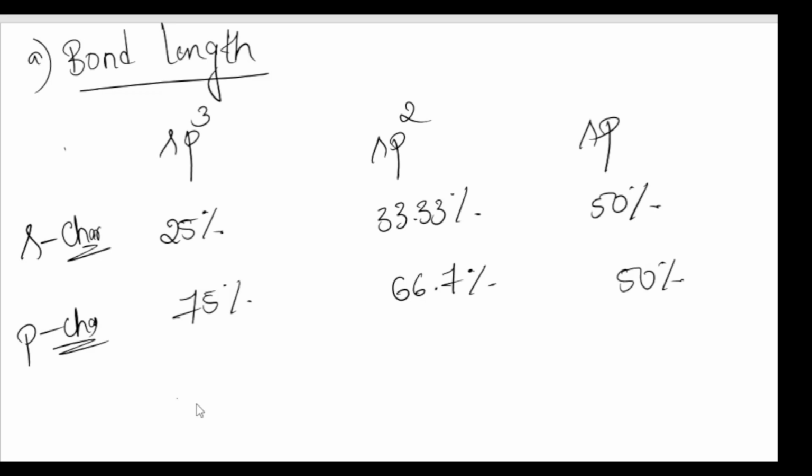Now if we compare the size of s and p orbital, the size of p orbital is greater, correct? The more the p character, the bond length is greater. That's why here we can see the p character is greater in case of sp3 hybridization, so the bond length is also greater in case of sp3 hybridization. How can we write that?